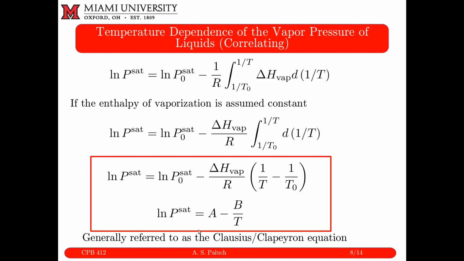But what this gives us is actually quite powerful. This tells us that log P should scale linearly with the inverse of temperature. We'll look at some actual data in a second, and we'll find that in general, log P does scale with the inverse of temperature.